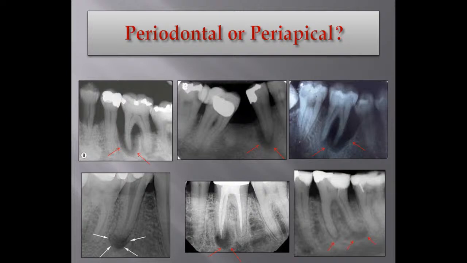It's a periapical abscess. And of course, treatment is quite different. In most cases, if it's a periodontal abscess and we see such an X-ray, it's an indication for tooth extraction. And if it's a periapical abscess, we can try to treat it and save the tooth.